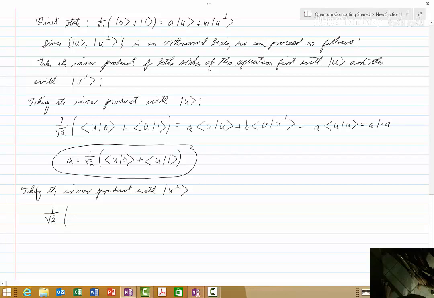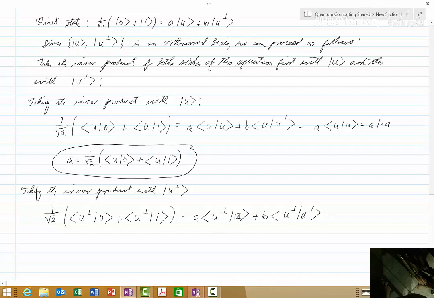So if we do that, we get the following: inner product of u orthogonal with 0 plus the inner product of u orthogonal with 1, and that is equal to a times the inner product of u orthogonal with u plus b times the inner product of u orthogonal with u orthogonal.